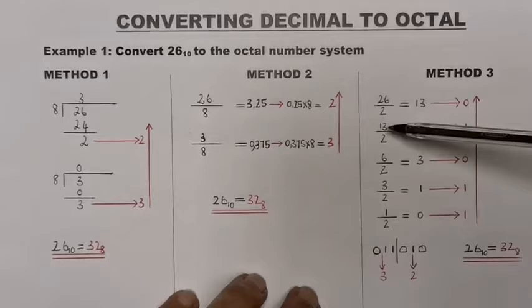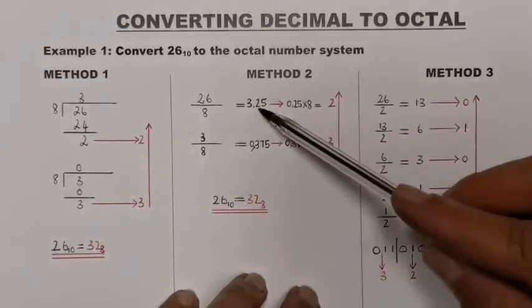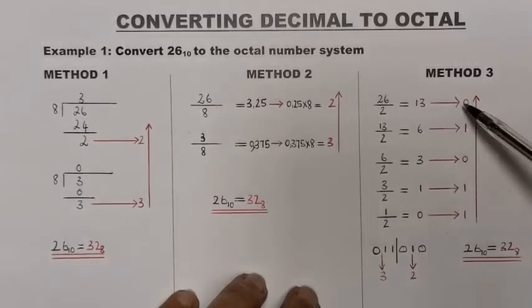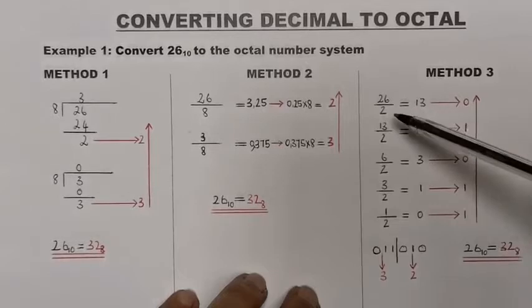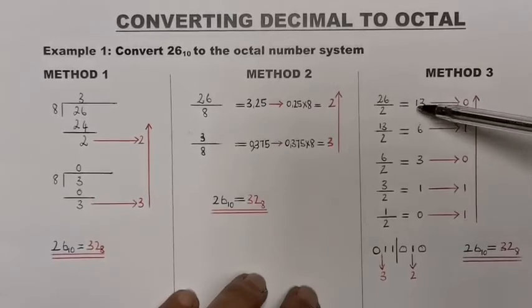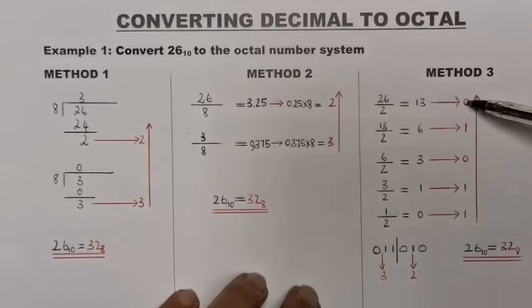The reason is that I don't want fractions in my answer; I rather want a 0 or a 1 left. So 2 goes into 26 13 times, and I have 0 left.